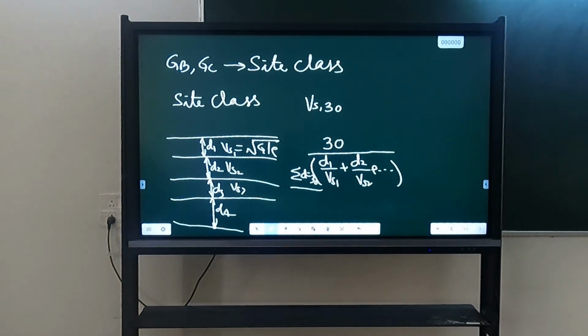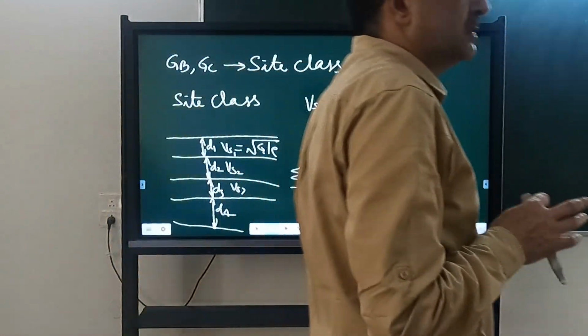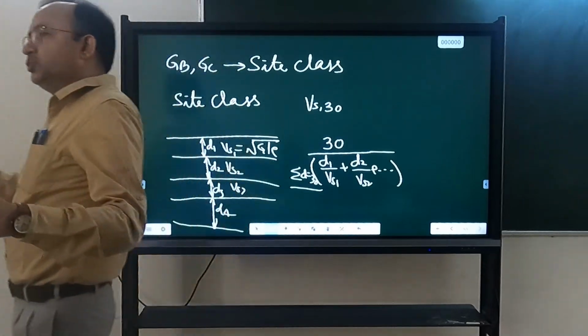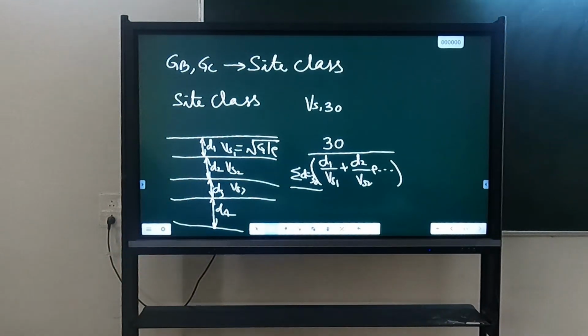How is it measured? If you know the value of G, you can get shear wave velocity. But do you know any test method which can be used to obtain shear wave velocity? The most reliable test is the cross borehole test. In a cross borehole test, we make 2 or 3 boreholes at some distance, and we put one instrument in one borehole and another instrument in another borehole.